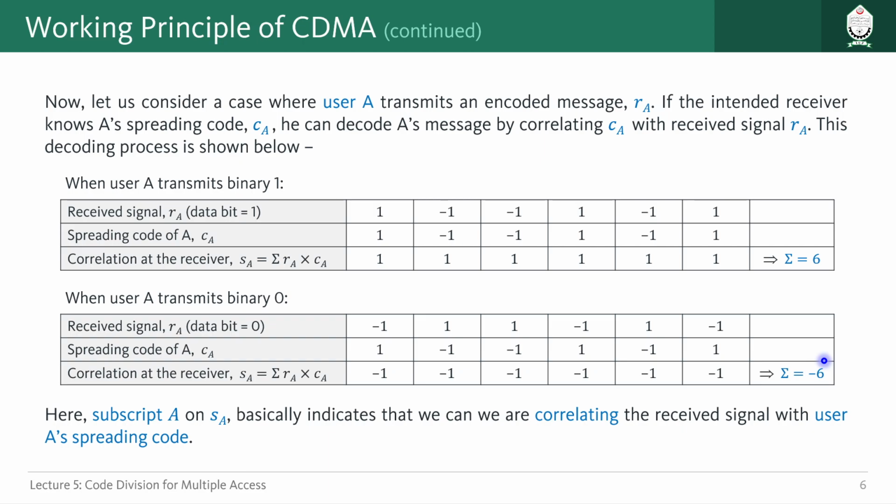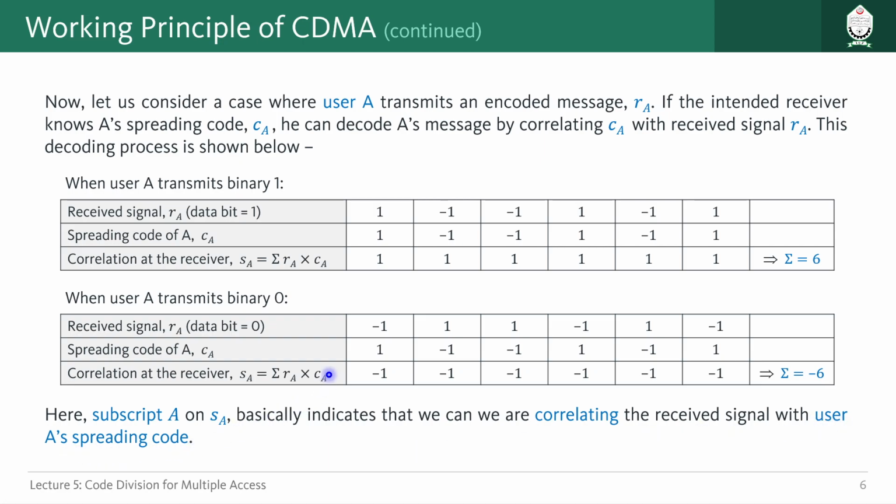Now here one thing to actually understand is, you see we are saying correlation is S of A, right? So this subscript A in S of A basically indicates that we are correlating the received signal with user A's spreading code. So whatever signal we receive, we don't know about that, but we are correlating that signal with user A's spreading code.